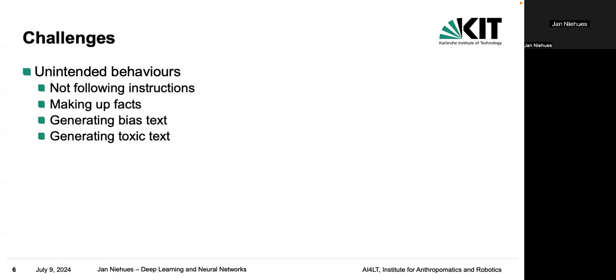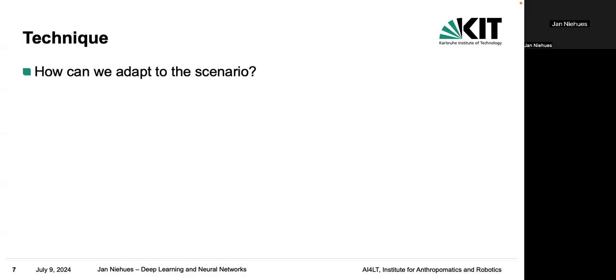So the conclusion is that training by doing next word prediction is a very powerful thing. It understands a lot of things. However, it might not be the final solution when we really want to have a helpful assistant. So the question is, how can we continue that, and how can we adapt it to a specific scenario?